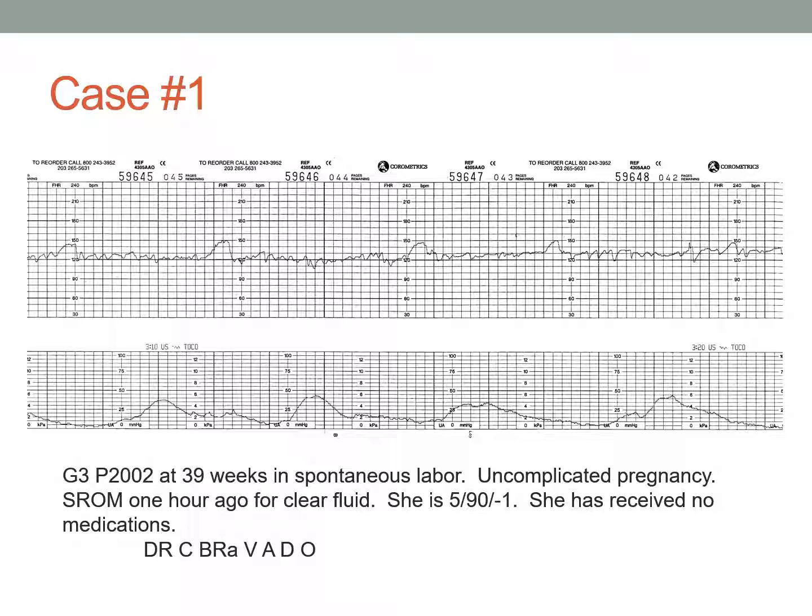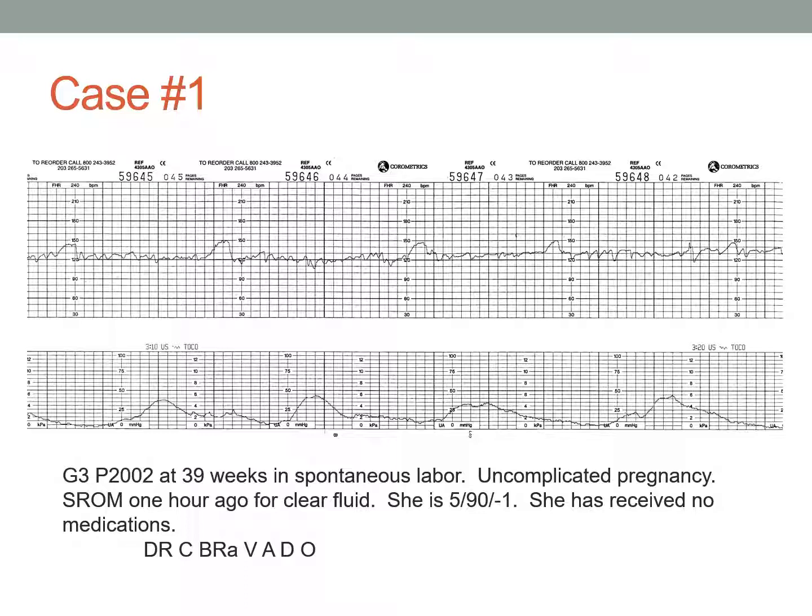All right, so DR, determine risk. This is a 39-week uncomplicated pregnancy, spontaneous labor. So this is about as low risk of a situation as you're going to find. Contraction pattern. What you want to do is look at how many contractions are in a 10-minute window. So here you can count 1, 2, 3, 4 contractions in a 10-minute window.